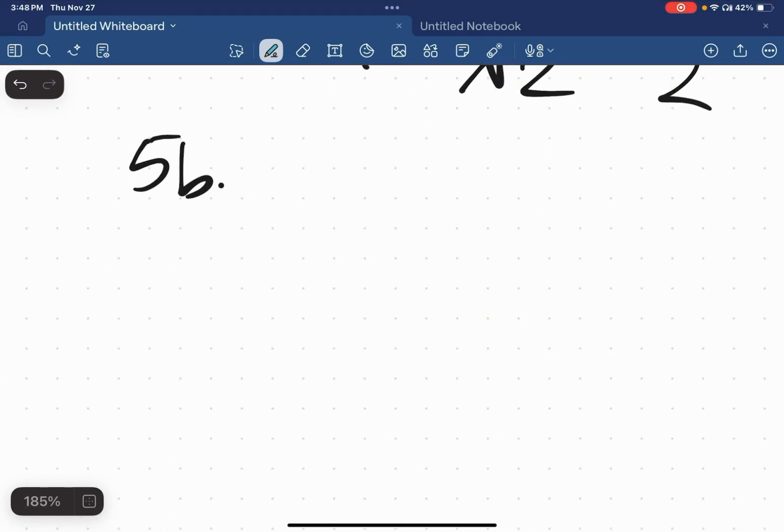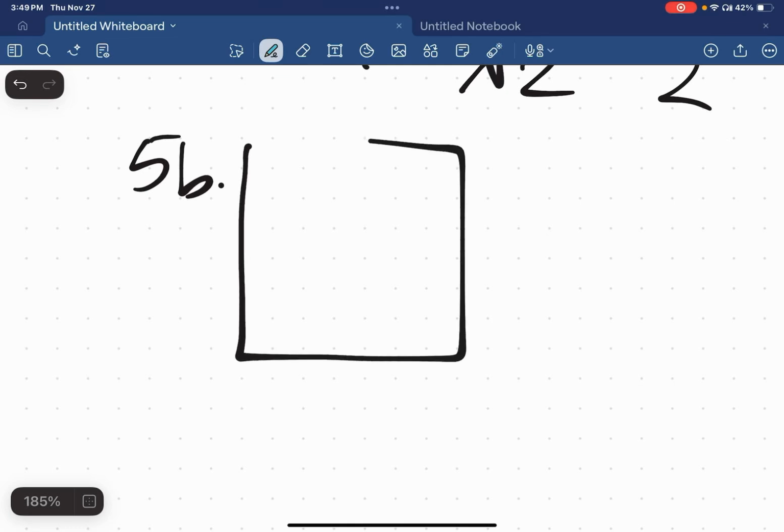5B. 5B says, use our answers from part A to find the length of the spiral shown. Okay, so I actually got to go back to this other page. So it's asking us to find the length. This should be fine.